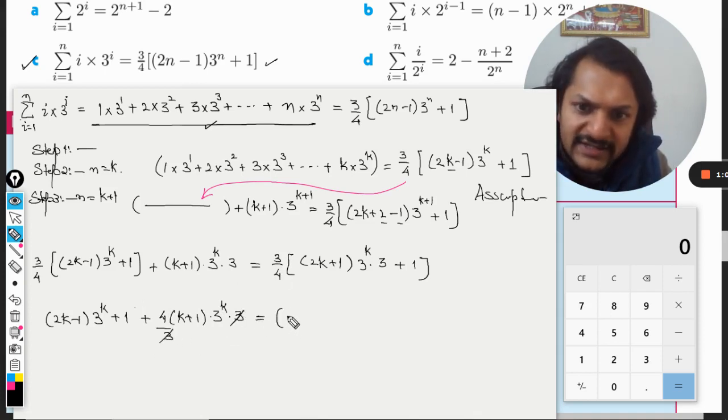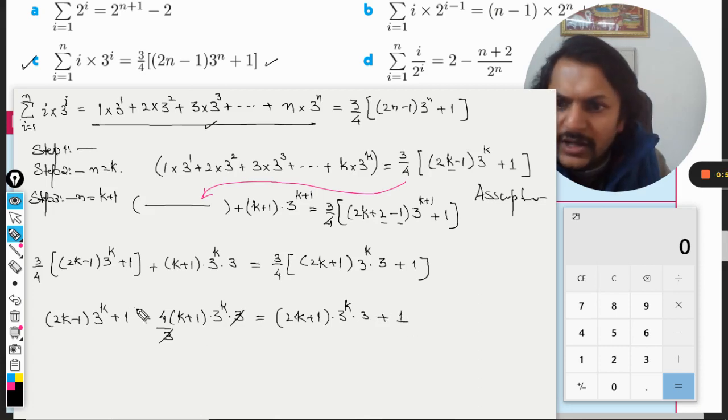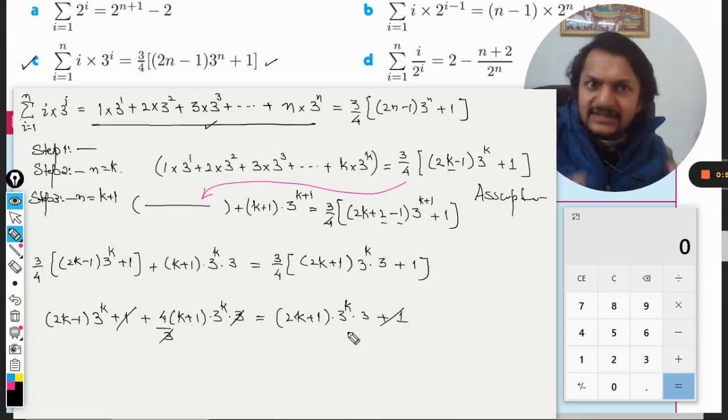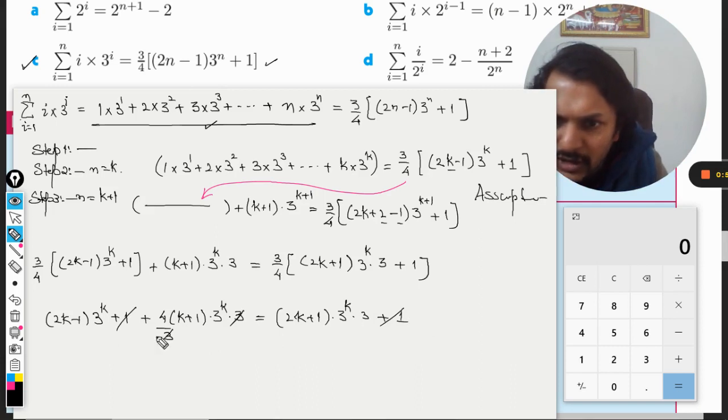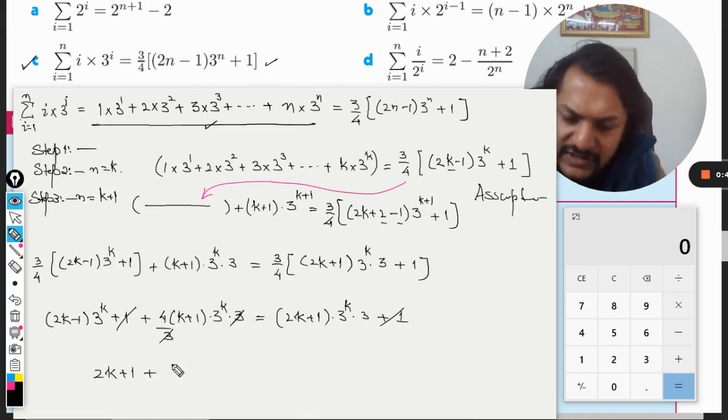This 4 by 3 gets cancelled and we are left with (2k plus 1) into this, and plus 1. So this plus 1 and this plus 1 get cancelled out. So now we are cancelling 3 to the power k, 3 to the power k and 3 to the power k. So it will become 2k minus 1 plus 4k plus 4 is equal to (2k plus 1).